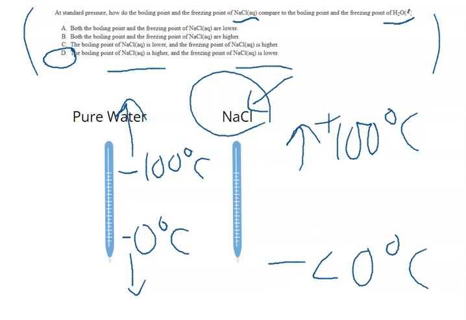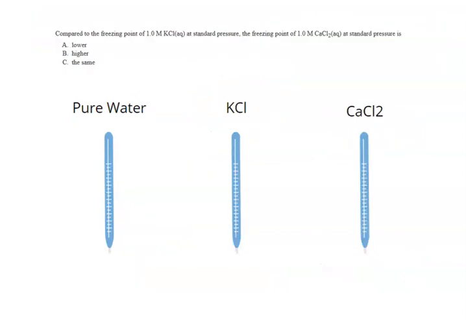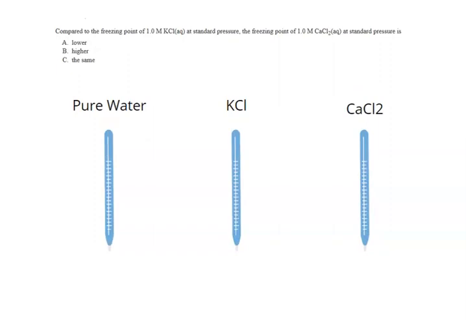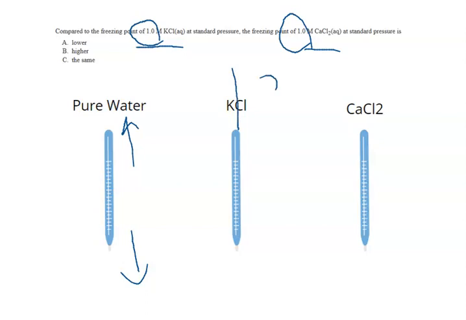Let's look at another example. To what extent a boiling point would be raised and a freezing point would be dropped for water is two factors. One is what the solute is and how many particles it breaks up into, and the second is concentration. For potassium chloride, it's ionic, metal, nonmetal, it splits apart. You're going to get 2 moles of ions for every 1 mole of KCl.